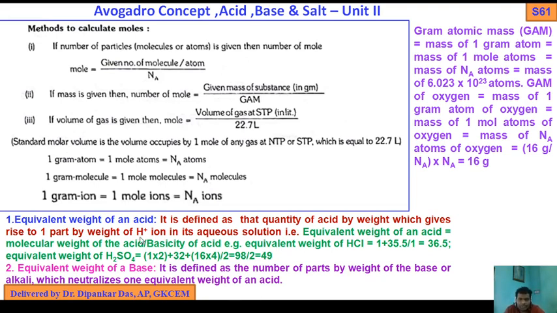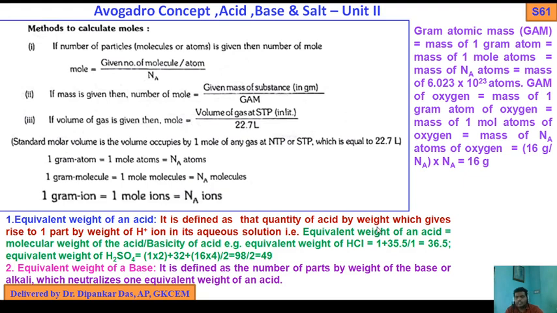Now, equivalent weight of an acid. It is defined as that quantity of acid by weight which gives rise to 1 part by weight of H+ ions in its aqueous solution.